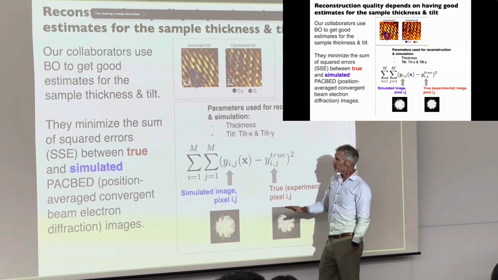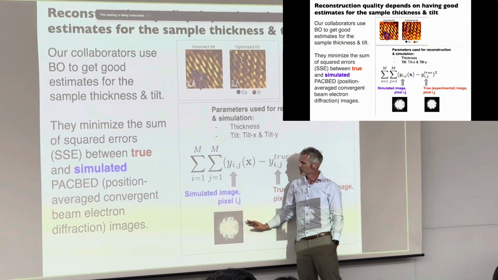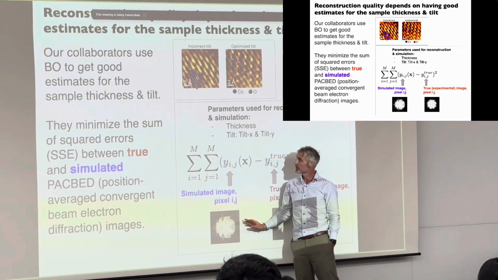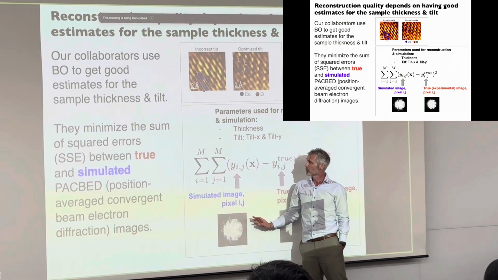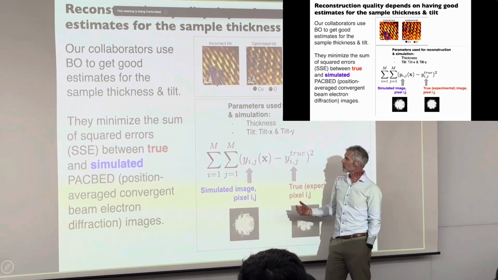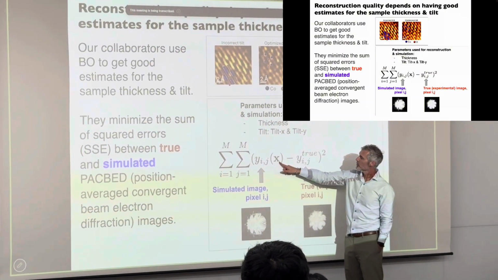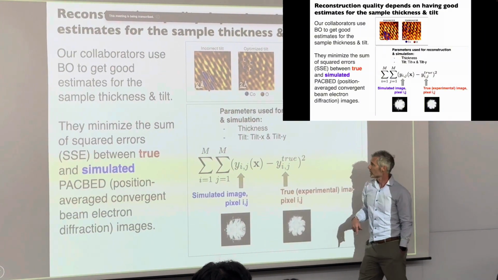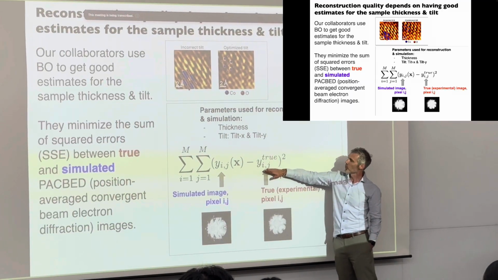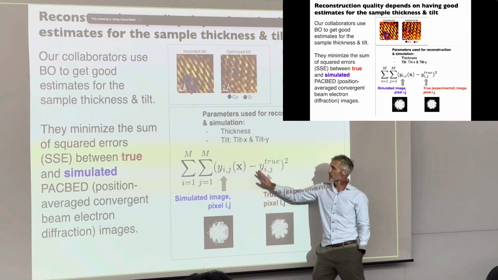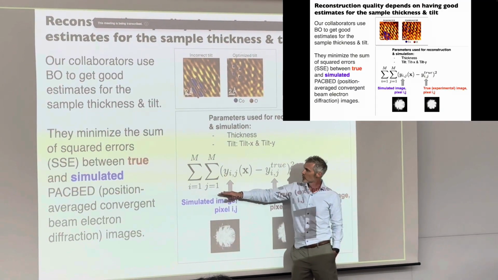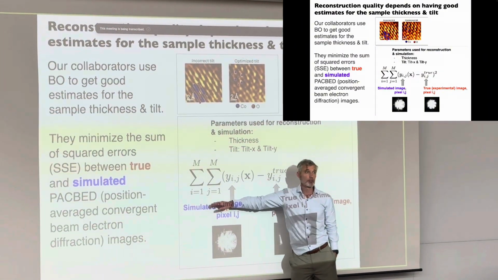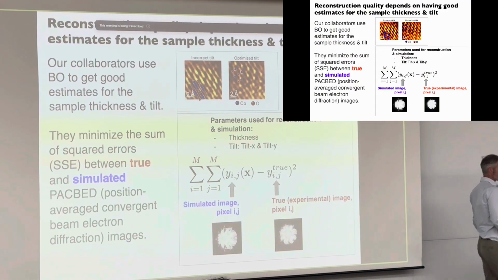They're able to reconstruct what kind of an average version of the data from the electron microscope ought to look like under a proposed collection of these parameters x, and then they compare it to what they actually observe, and they want to minimize the sum of squares. This is summing over all the pixels in the image.